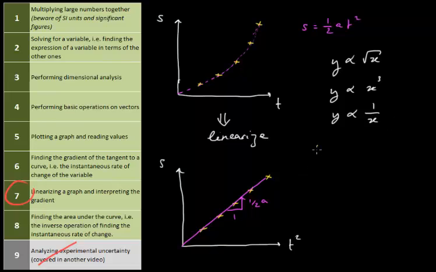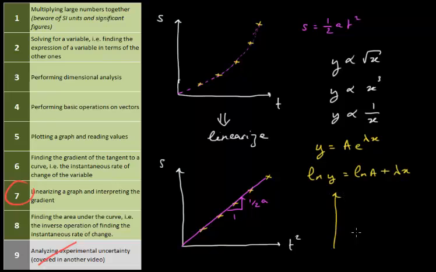Now there's a trickier one when you have an exponential relationship between y and x. Let's say y is equal to a e to the lambda x. Then to linearize, you take logarithms on both sides, and you obtain ln of y is equal to ln of a plus lambda x times ln of e, and ln of e is just 1.